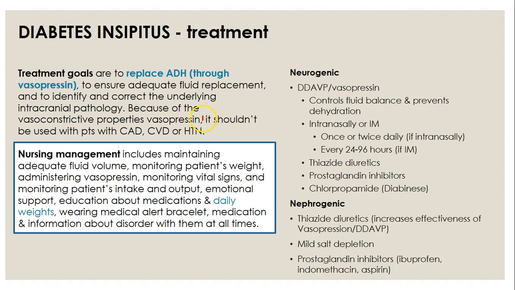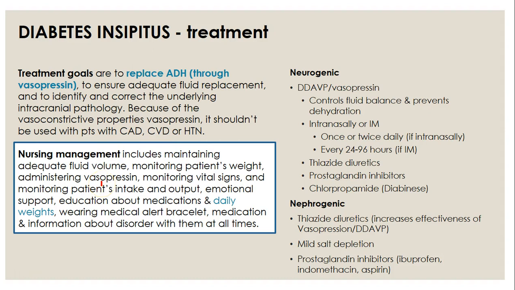Because of the vasoconstrictive properties of vasopressin, it shouldn't be used with patients with CAD, CVD, or hypertension. So this is coronary artery disease, cardiovascular disease, or high blood pressure.